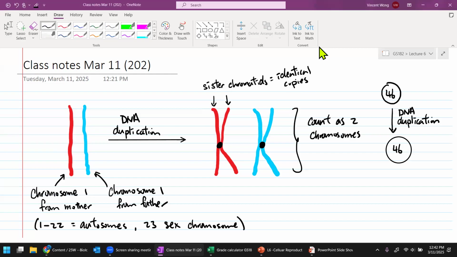Only the ones that are stuck together are identical, and only those that are stuck together are called sister chromatids. The red one and the blue ones are not the same. Remember, you inherit the red from mom and blue from dad. They're not identical. But these are non-sister chromatids. How about this one and this one? Sister or not? Sister. If they're stuck together, they are sister.